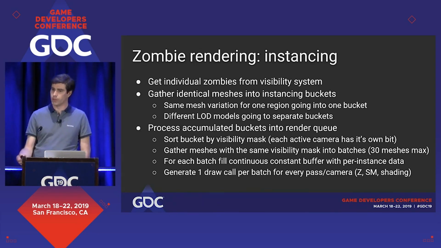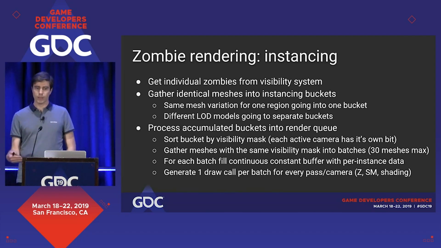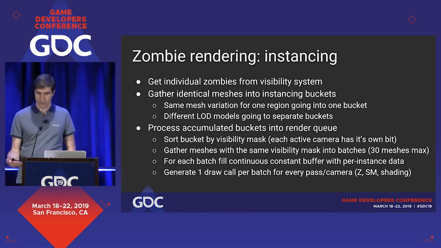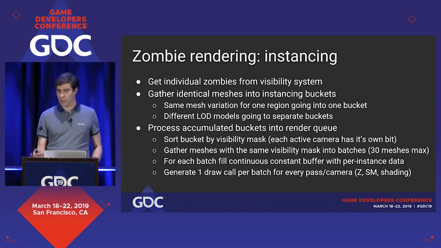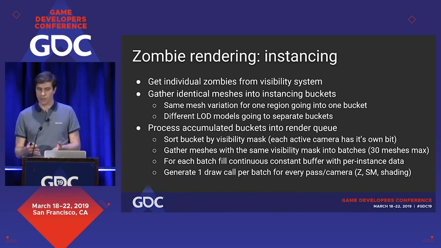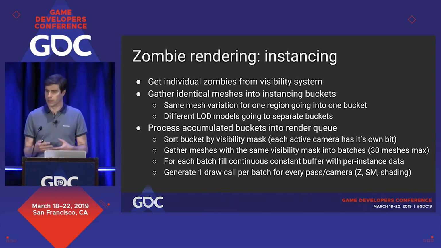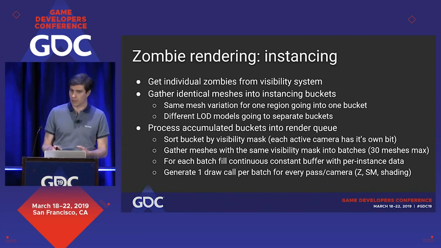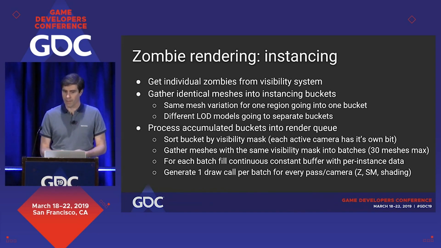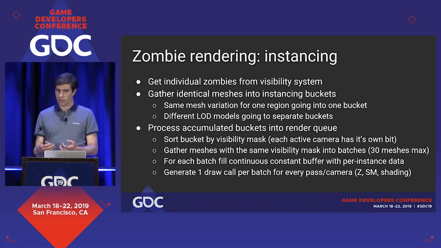So for all visible zombies, we collect identical meshes into buckets. And then once we have collected identical meshes into buckets for the whole scene, we process those buckets and create so-called batches.